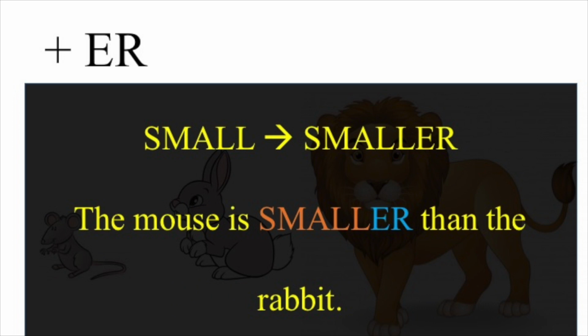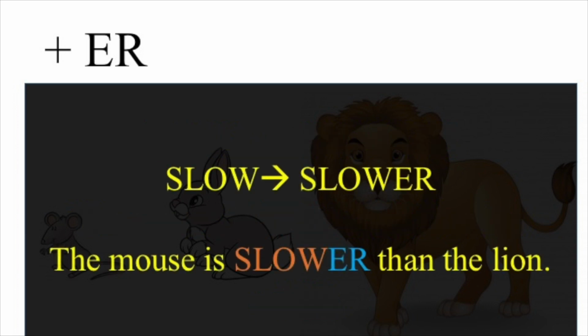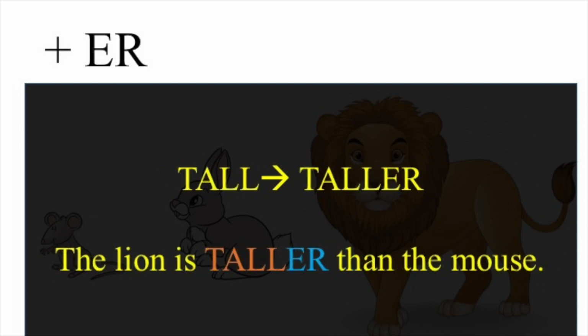The mouse is smaller than the rabbit. The mouse is slower than the lion. Well done, guys. You see, slow, ER, slower. The lion is taller than the mouse.